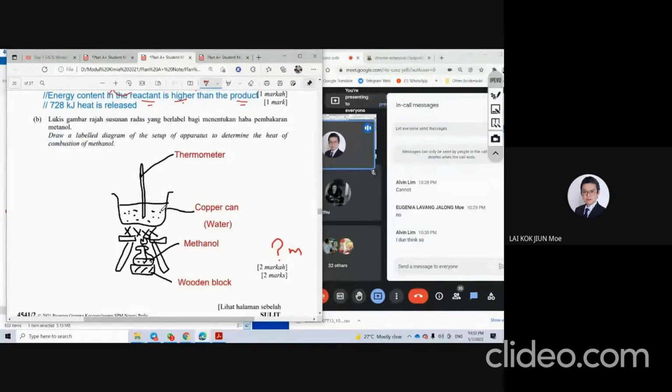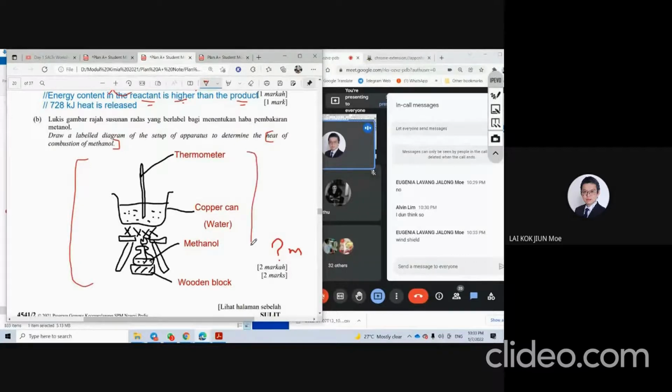Okay, for this diagram, the last one. Anything to correct for this diagram for the combustion of methanol? How? Methanol, anything wrong here? Windshield not very good. We need to have a windshield.